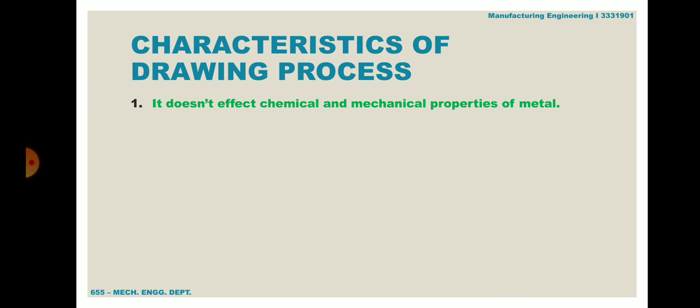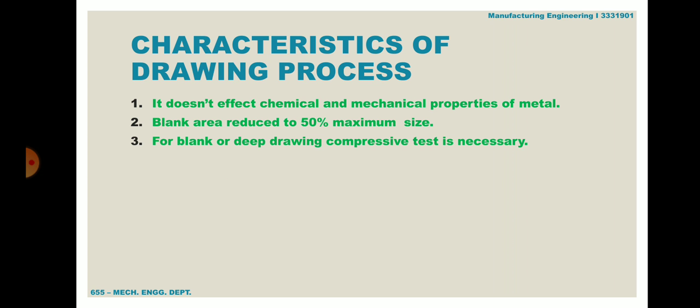Now, the characteristics of the drawing process. It doesn't affect chemical or mechanical properties. Blank area is reduced up to 50%. For blank or deep drawing, a compressive test is necessary. If you want to make a bowl or utensil or cups, a compressive test is not necessary.